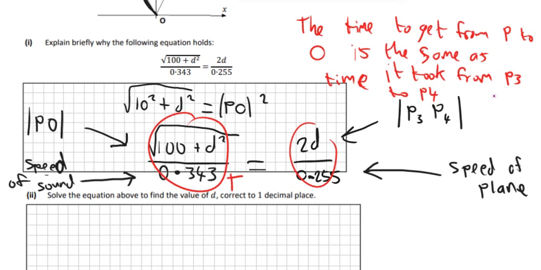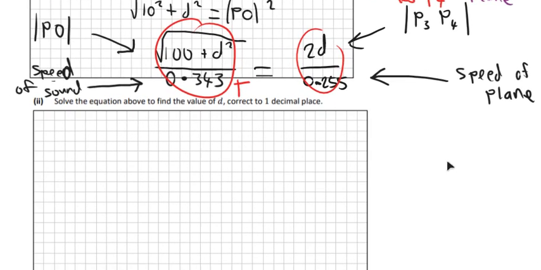So that's the sound, and this is the distance from P3 to P4, that's the plane. So they're the same basically. The time it took the sound to travel is the same as the time that it took the plane to travel from point to point. So that's what it means.